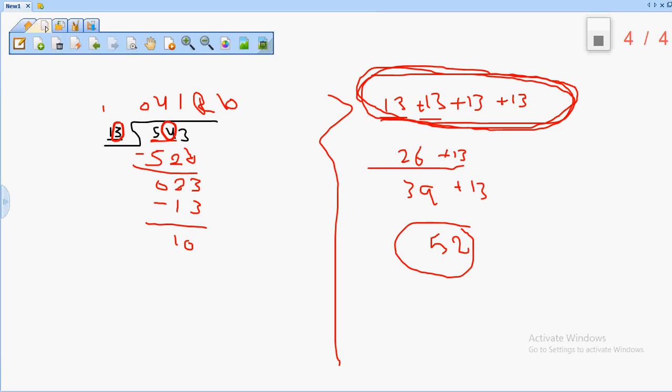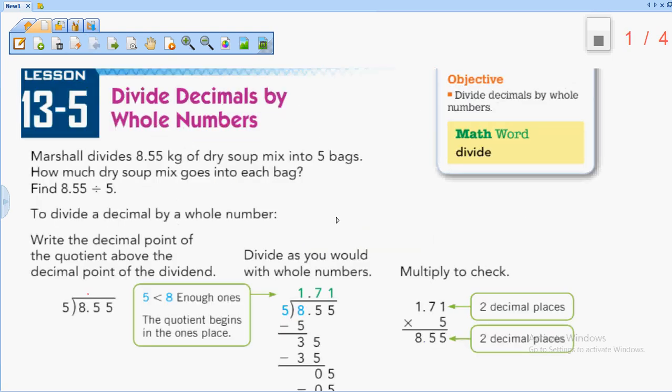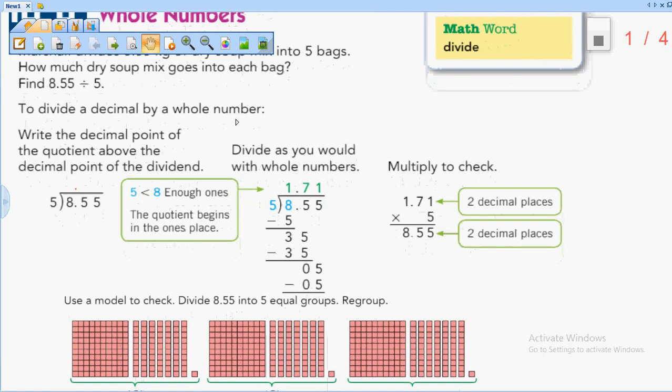In our lesson here, we will use a model. We will use the blocks. Look here, again, if I want to divide any decimal by a whole number, I have to follow the same procedure. I will check if I can divide 8 by 5. So 8 divided by 5 we can, because 8 is greater than 5. 1 times 5 is 5, 2 times 5 is 10, 10 is greater than 8, so we will not use it, we will take one less.